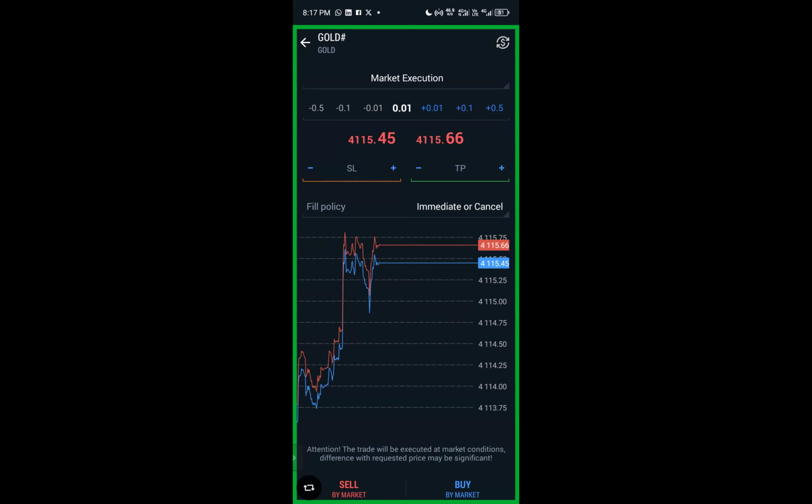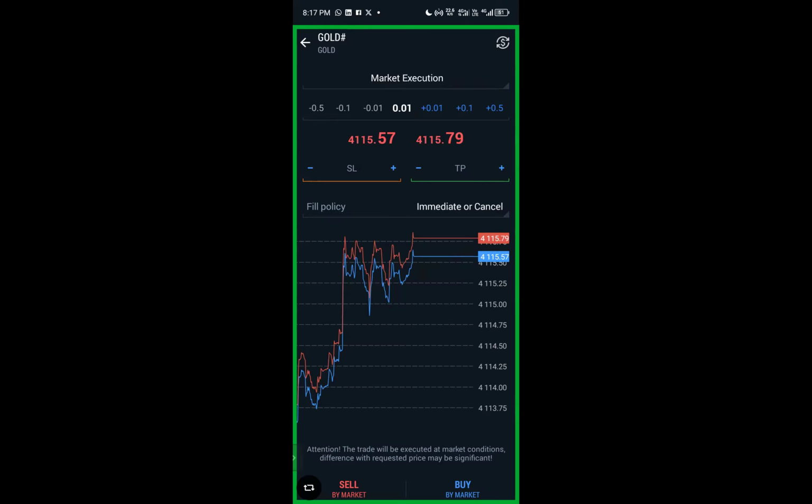Let's say for gold now, I'm having a buy bias, a buy continuation, right? Yes, I'm having a buy continuation bias. And I see price right now, it's a buy.